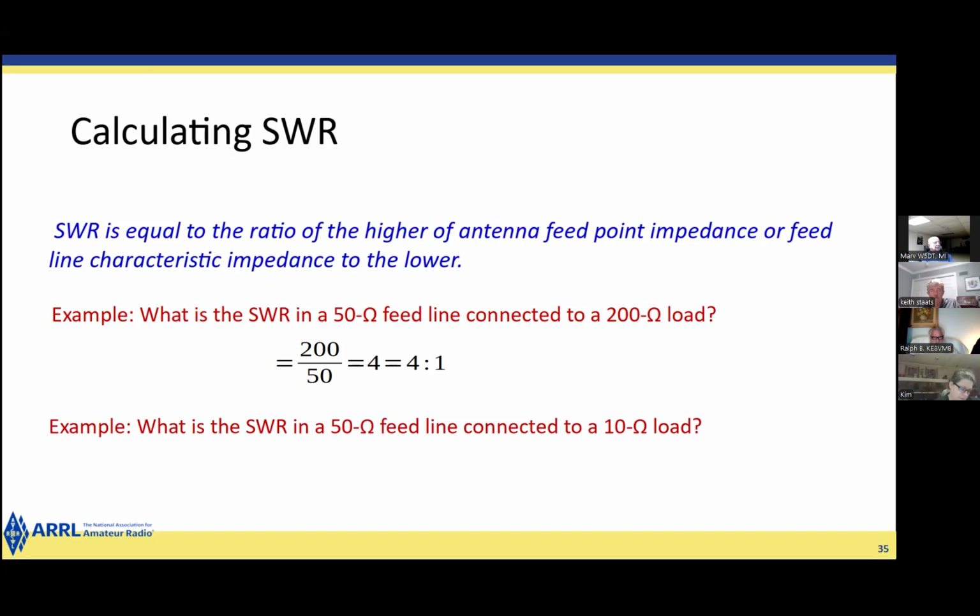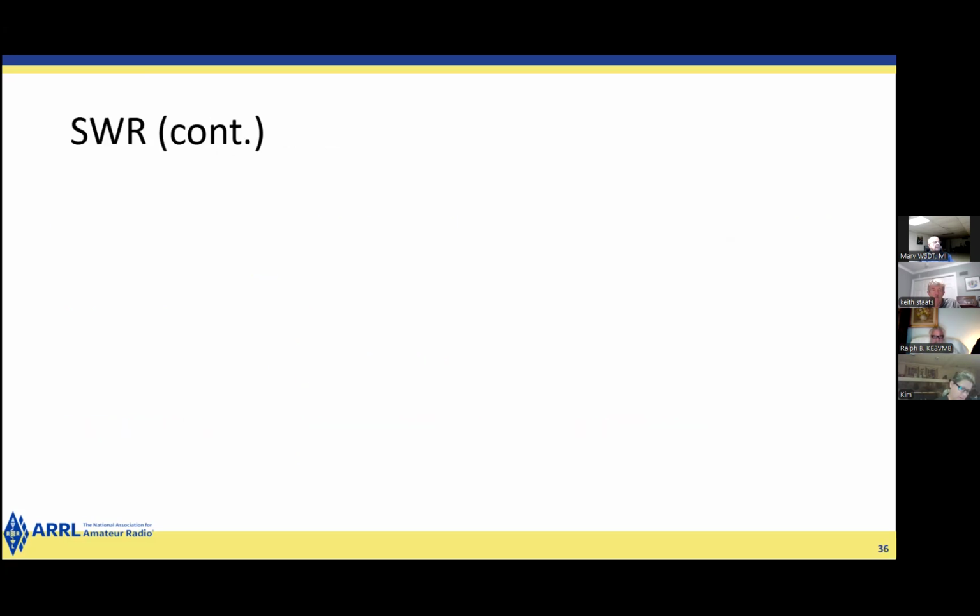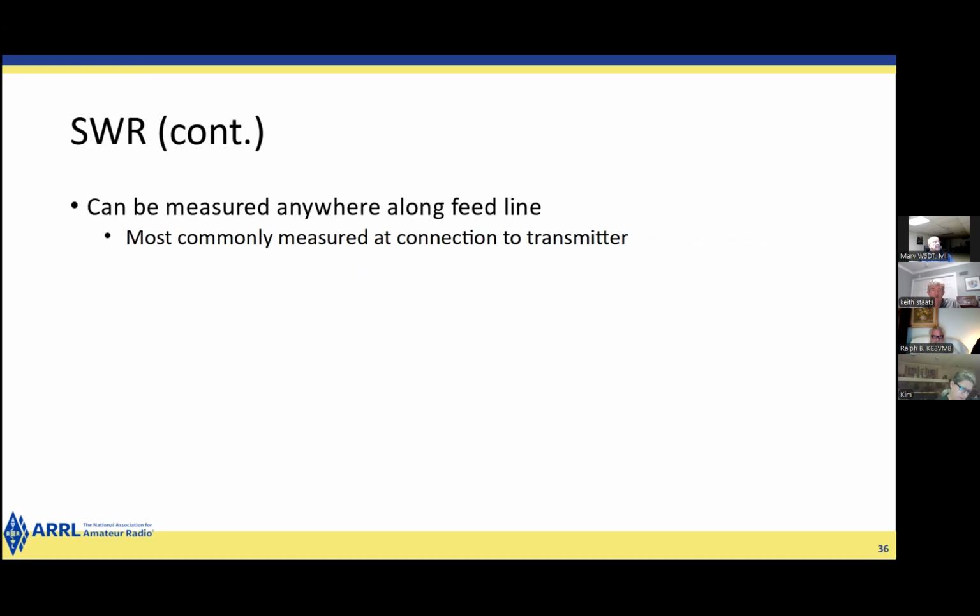What is the SWR in a 50 ohm feed line connected to a 10 ohm load? 5-to-1, 50 divided by 10. It can be measured anywhere along the feed line. And it's most commonly measured at the connection to the transmitter.